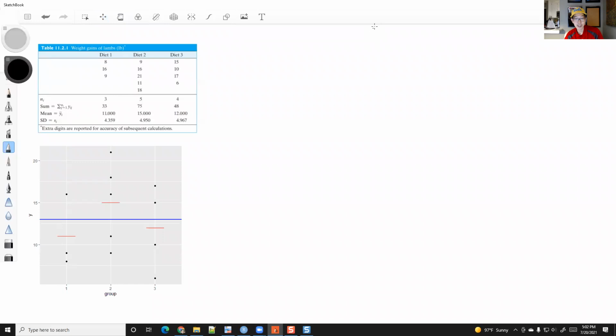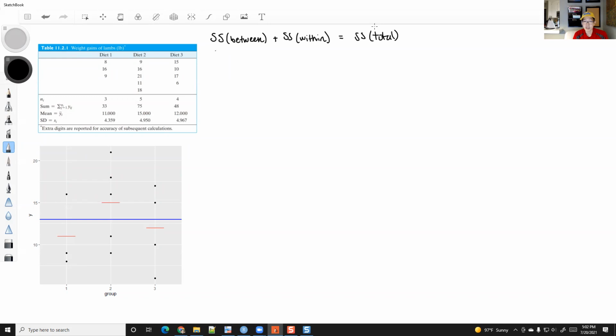Let's just take a look at group 1. What we're going to find is that the sum of squares between groups plus the sum of squares within the group will equal the sum of squares total.